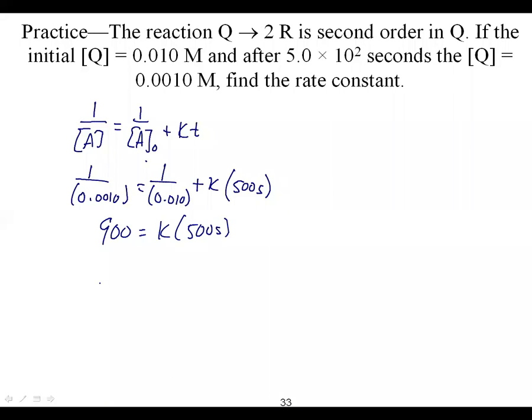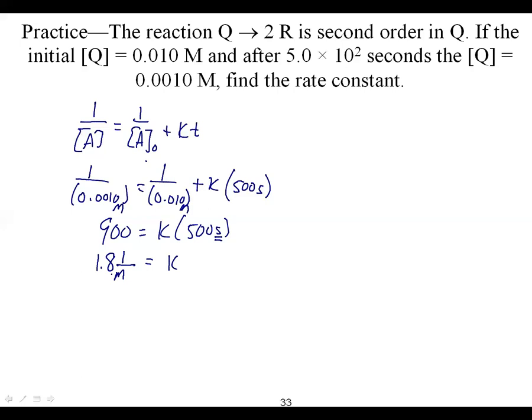So what about units, right? Typically, this is 1 over molarity, right? And this is 1 over molarity, which means we technically still have 1 over molarity there. And we also divided by seconds, which means we do have 1 over molar seconds as our units here.